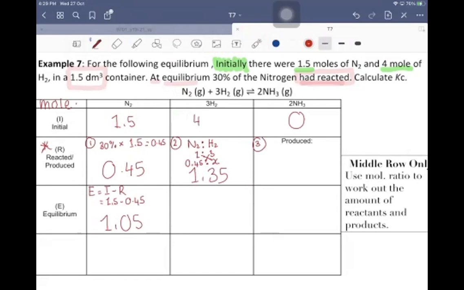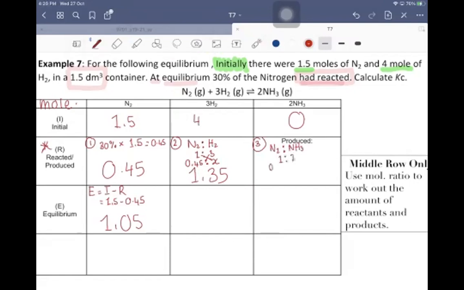Next, again, I know the mole ratio of nitrogen and ammonia, and I know how much nitrogen has reacted. So I can work out the number of moles of the product. I'm going to start with nitrogen to ammonia, which is 1:2.